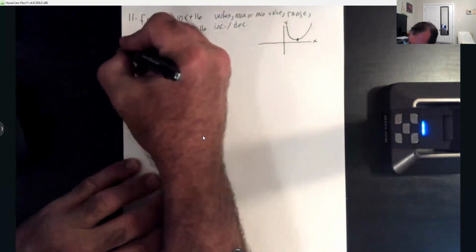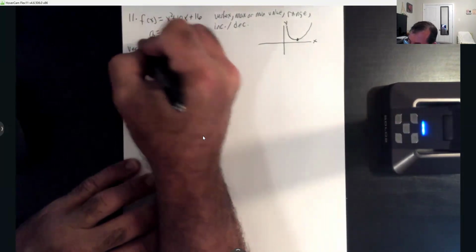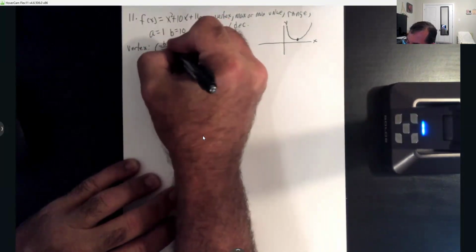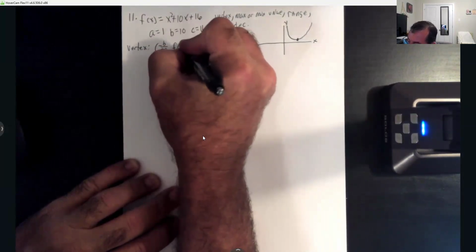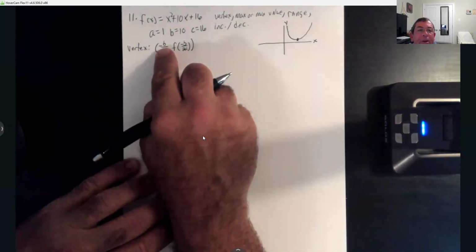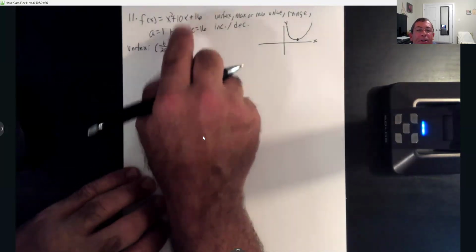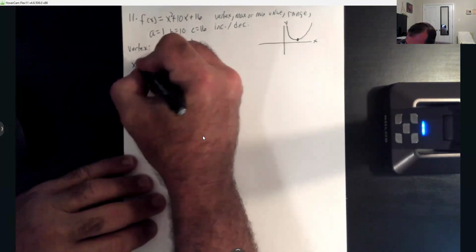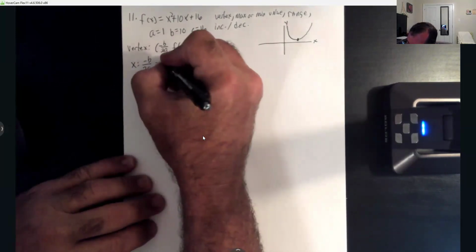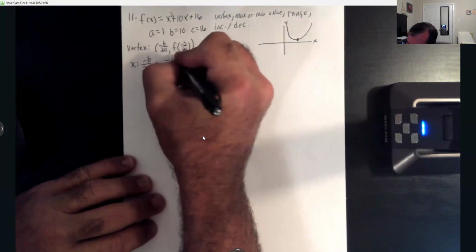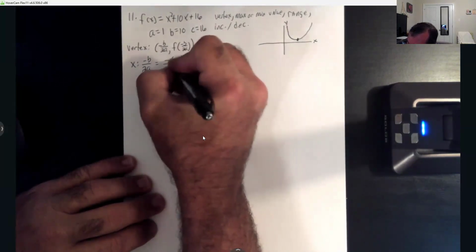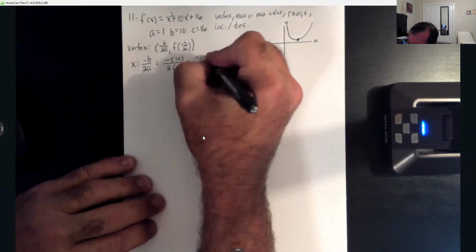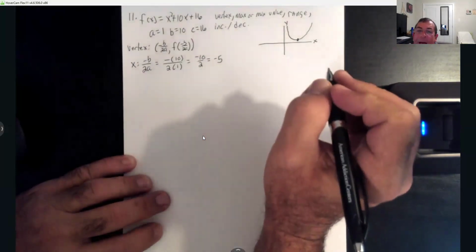So first they want the vertex. To get the vertex, I'm going to do the formula negative b over 2a, f of negative b over 2a. I find my x value, then I plug it back into my function and get the y value. So to get the x, we're doing negative b over 2a. That's going to equal negative times my 10 over 2 times my 1. So I get negative 10 over 2, which is negative 5.